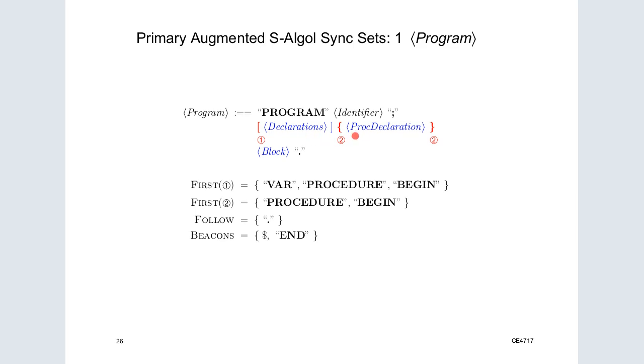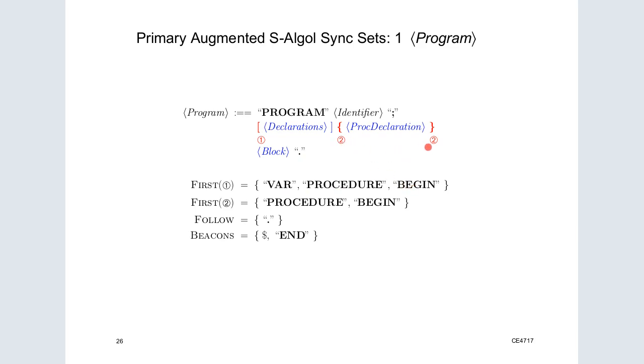That's perfectly legal. Might be unusual, but it's legal. Or you have neither declaration of variables, globals in this case, or procedures, but you have to have a block. So at this point, the first set of the sentential form from this point on to the end is var, procedure, and begin.